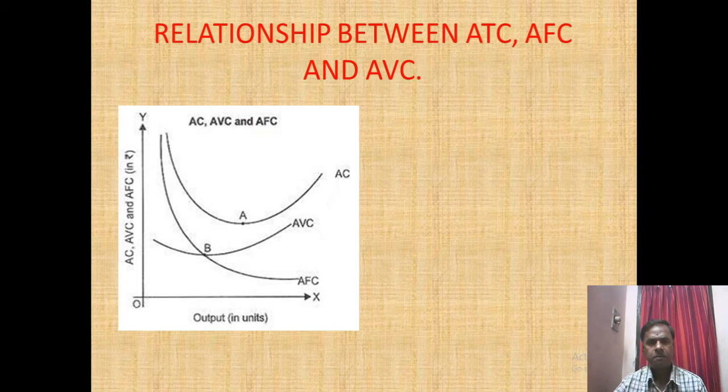Now you can see, in the initial level of output, near this place, near the lesser level of output, the gap between AC and AVC is more. You observe here. The gap between AC and AVC is more at the initial level of output. When the level of output increases, the gap between AC and AVC decreases.